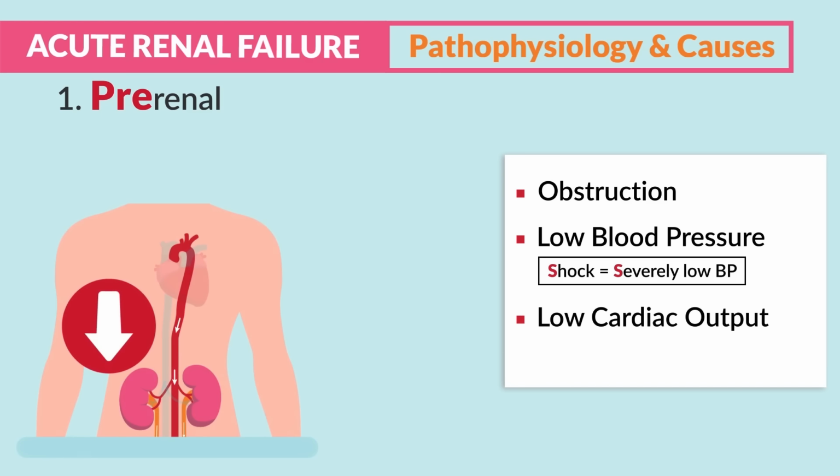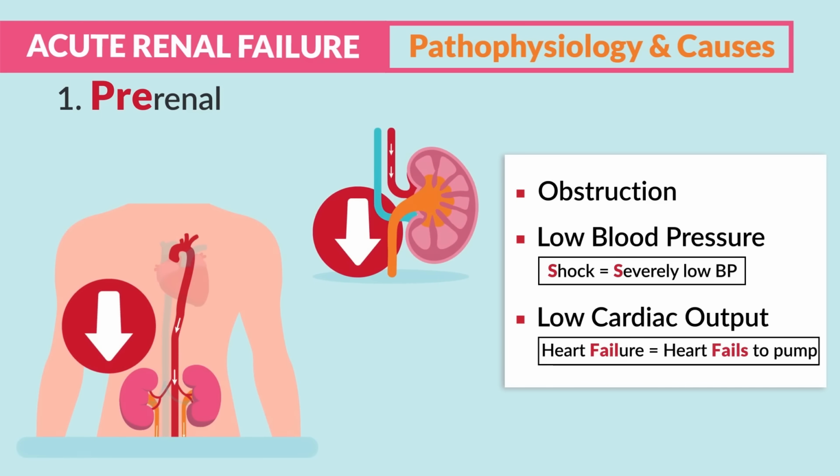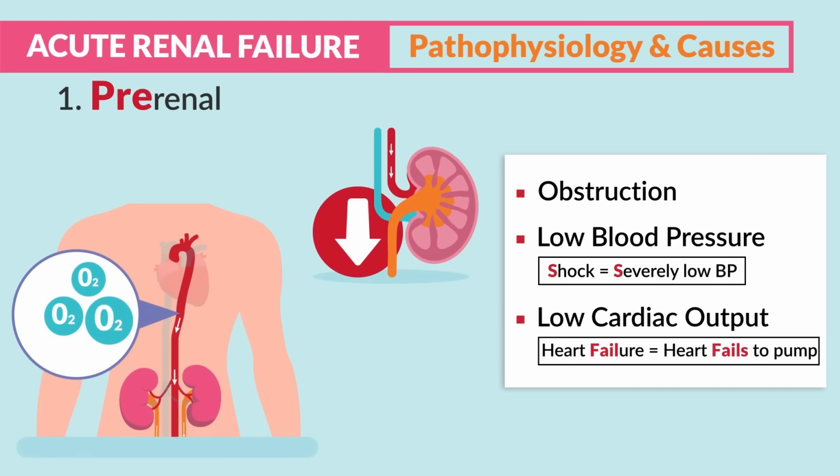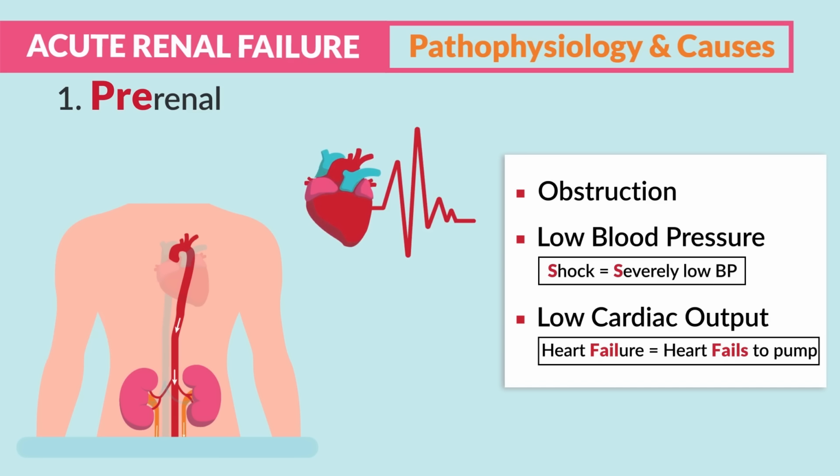Fancy words for low blood pressure, meaning low perfusion, less than 65 MAP, or mean arterial pressure. Lastly, low cardiac output, we get low perfusion. So just think low cardiac output means low oxygen put out of the heart, resulting in low perfusion to the kidneys. Typically from when the heart can't pump correctly, which decreases blood being pumped out of the heart.